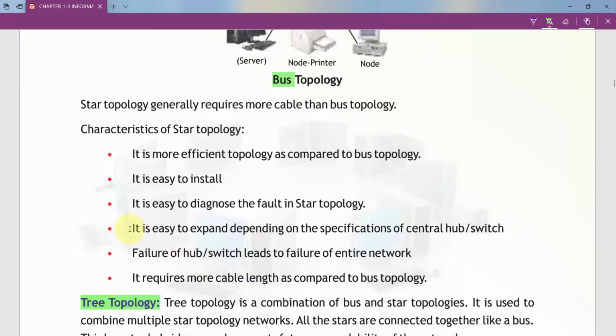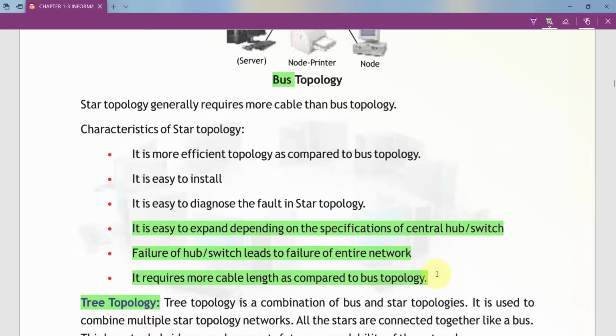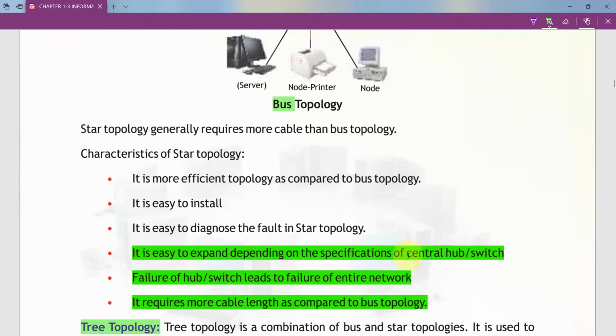Now these come under the disadvantages. These are the characteristics you note down into the advantages, and these come under the disadvantages. What are its disadvantages? Failure of the hub or switch leads to failure of the entire network. So this is the disadvantage.